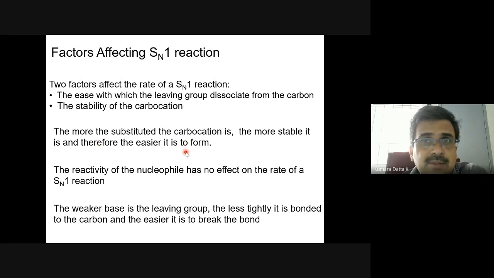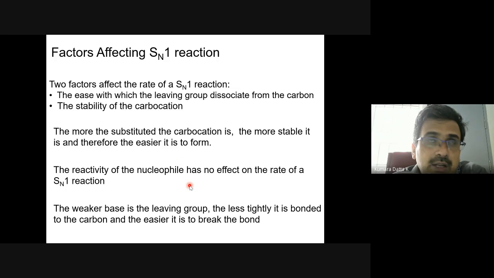We have taken one example yesterday, and also we looked at how the reactivity of the nucleophile doesn't impact the rate of the reaction. As discussed yesterday, if you take 100 grams of tertiary butyl bromo compound and 10 ml of water, whatever it's supposed to react with the water, only the tertiary butyl bromo compound will react.